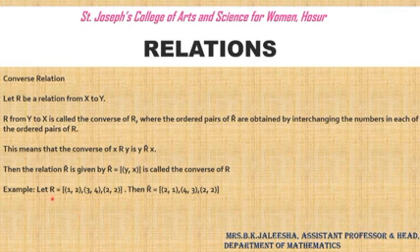First, R is the normal relation. It is given as (1,2), (3,4), (2,2). Now the converse of it means the first element goes to the second place and the second comes to the first. That's the only change. So (1,2) is denoted as (2,1) in the converse relation, (3,4) as (4,3), and (2,2) as (2,2). This is called the converse relation.